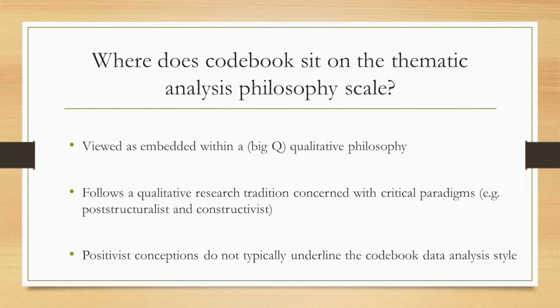Some reflexive thematic analysis and Codebook thematic analysis authors, like King and Brooks, who did the template analysis, see qualitative research traditions as that of the critical tradition, which is often associated with post-structuralist views, such as that by Gavey from 1989, and with constructivists, such as the views by Gergen from 2015. Theoretical frameworks where the focus turns to interrogating the socially embedded patterns of meaning, as well as the implications and effects of these.